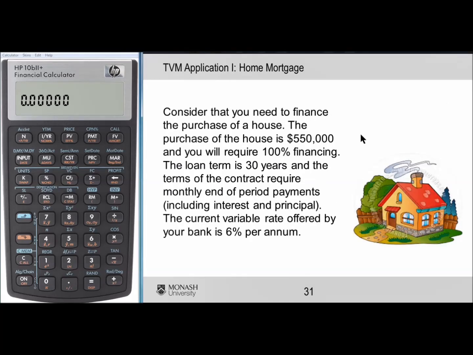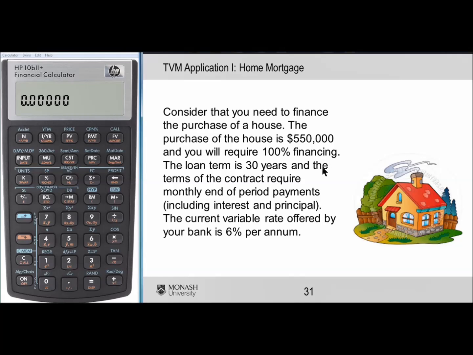Okay, mortgage loan or housing loan is one of the examples of annuity, and we are now ready to take a step further to look into how we can apply time value of money in practice. In this example, consider that you need to finance the purchase of a house, and the purchase price is 550,000, and you will require 100% financing.